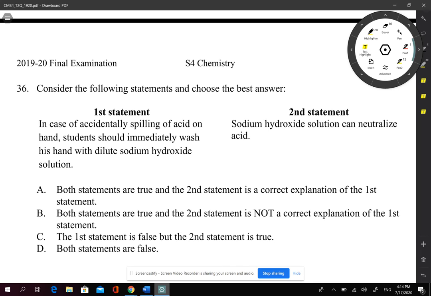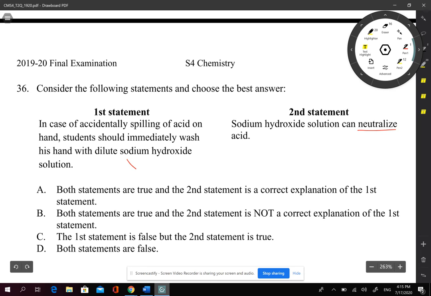Although we know that putting acid into alkali or alkali into acid can neutralize it, it is not a proper way to treat accidental spilling of acid or alkali on skin. Why? Because neutralization provides heat, and the heat may further hurt your body. So never use this method.